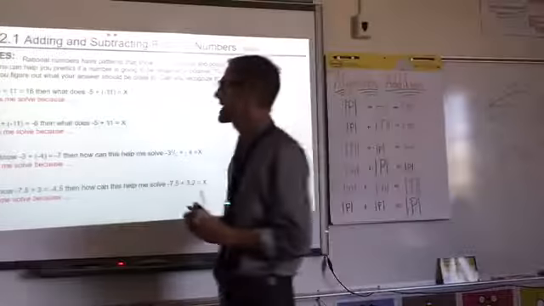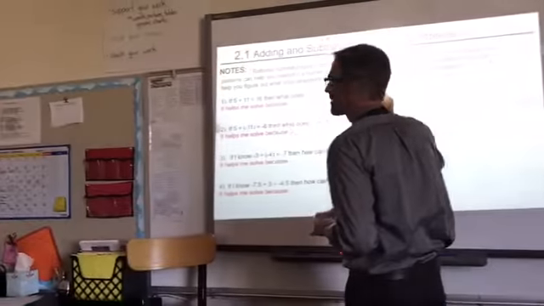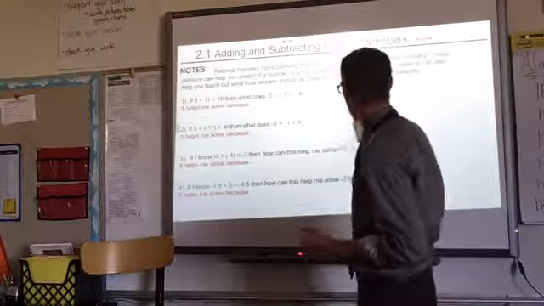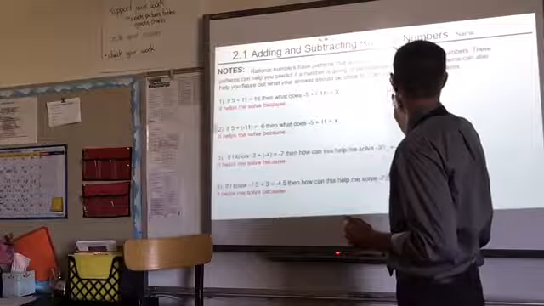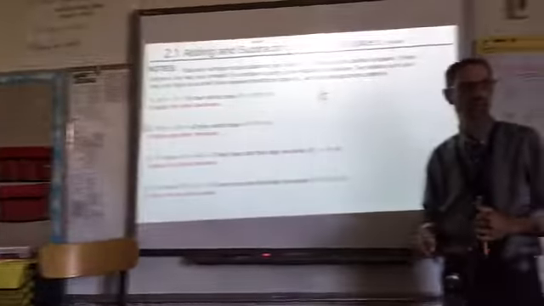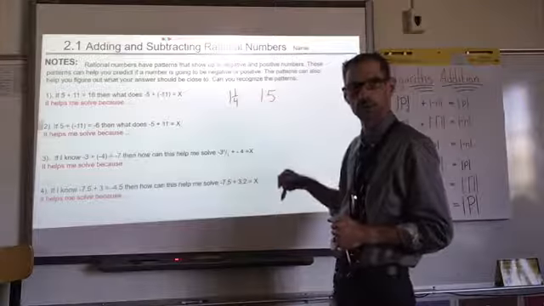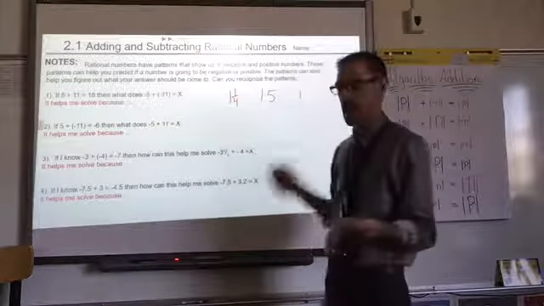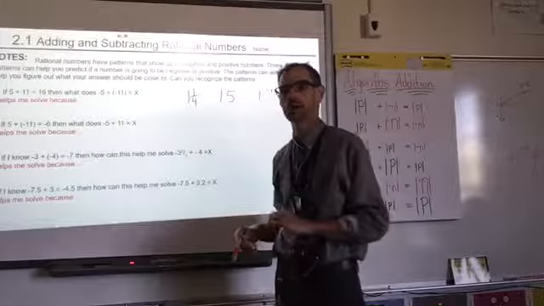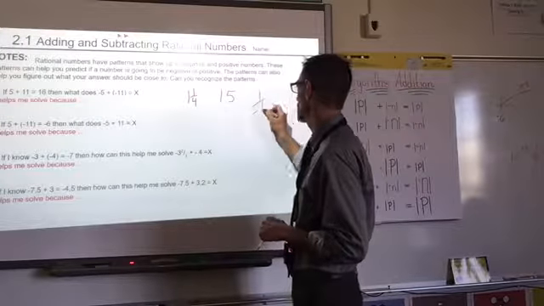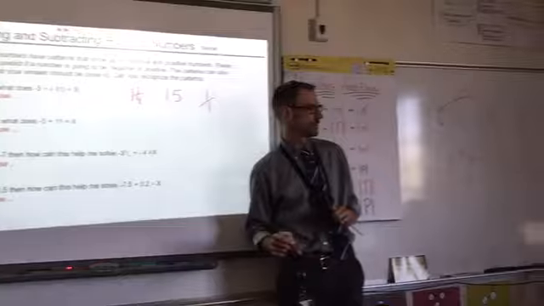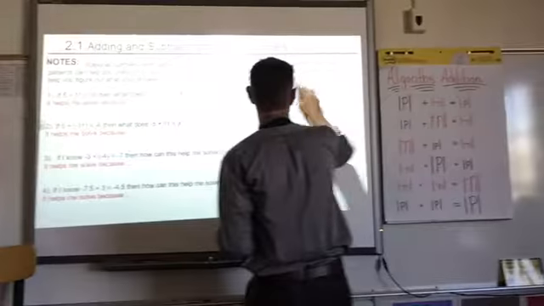A rational number is any number that can be written as a fraction. So it could be 1 1/4, right? 1.5 is a rational number. 1 is a rational number, but it's also an integer because 1 can be written as 1/1. So these are all rational numbers.